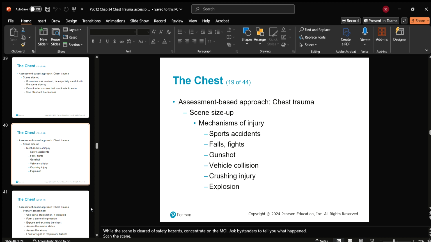An example of a chest injury: scene size-up and all this. Okay, we know all that. Checking the MOI is one of the first things we do. These are several MOIs that can result in a chest injury: falls, fights, gunshots, vehicle collisions, crushing injuries, like I said before, being crushed inside the compartment of the vehicle, or possibly an explosion.